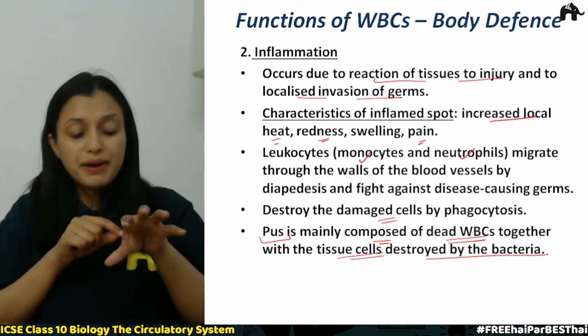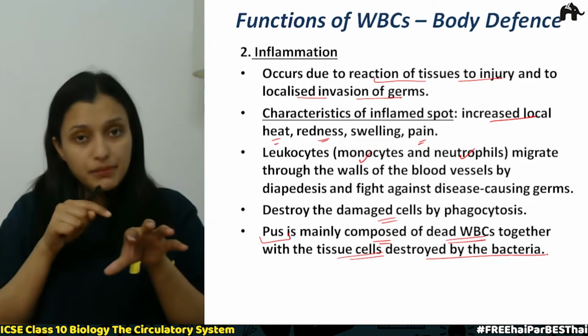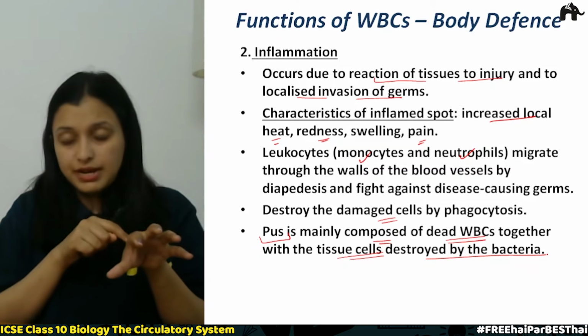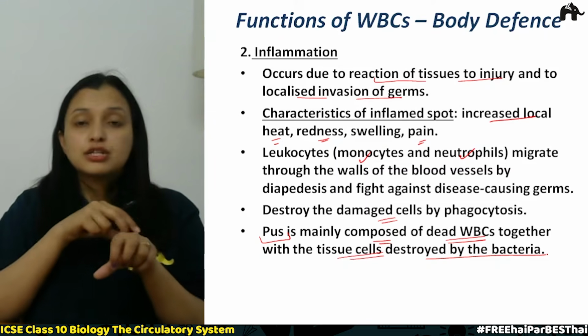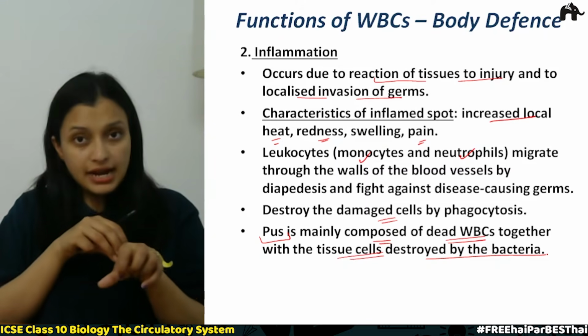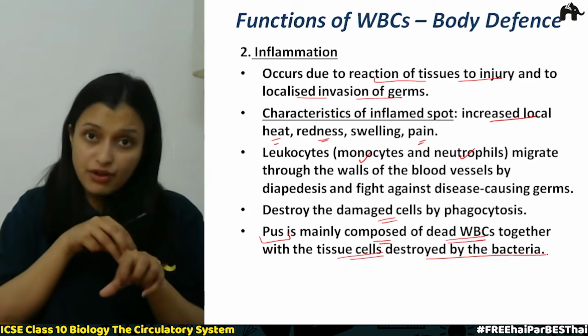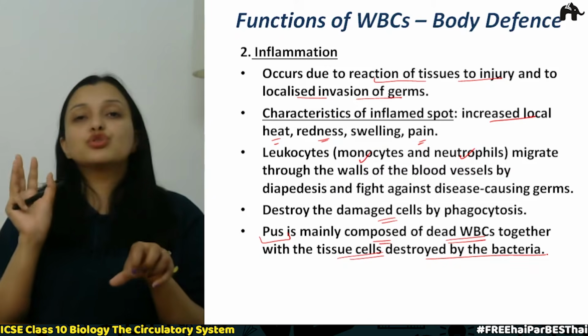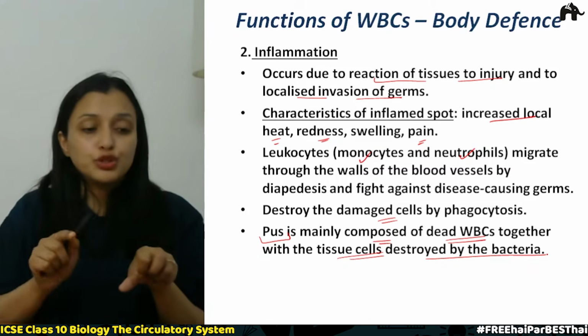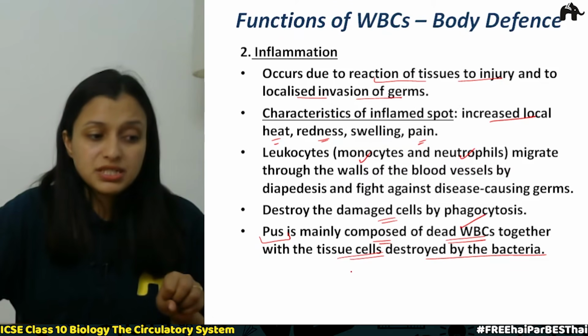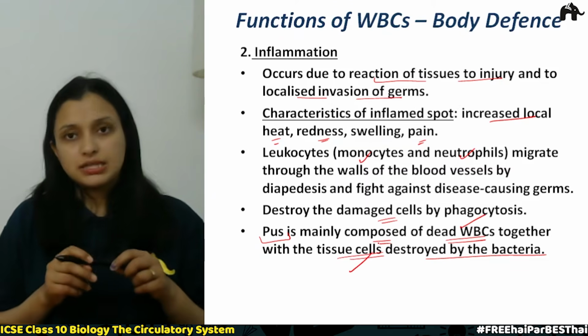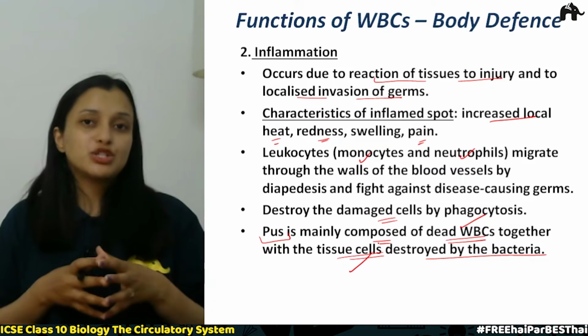So that pus is all because of those dead tissues, right? Bacteria have invaded, so the tissues of that particular area are dead, and then WBCs have come and engulfed those bacteria. So pus is all due to the dead WBCs together with the tissue cells. Clear? I hope this much is clear.